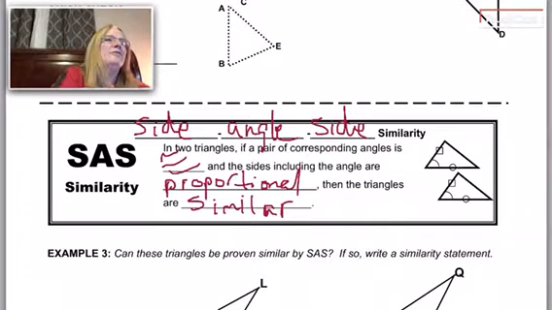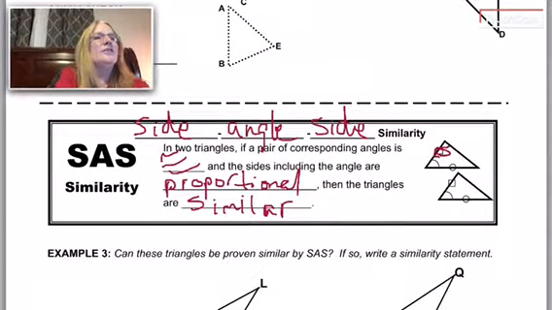So you have to have two sides, so they show us this side here is proportional to this side, and then this is proportional to this, and we have the angle in between those sides.